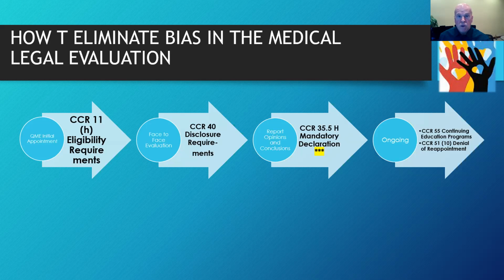Now, this is going to be difficult to prove because most bias is subtle, but if it can be shown that your reports are influenced by bias, you will be denied reappointment by the Division of Workers' Compensation.